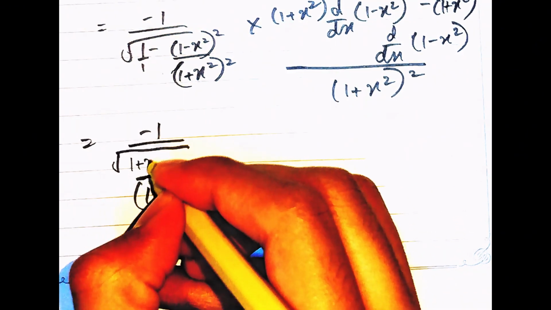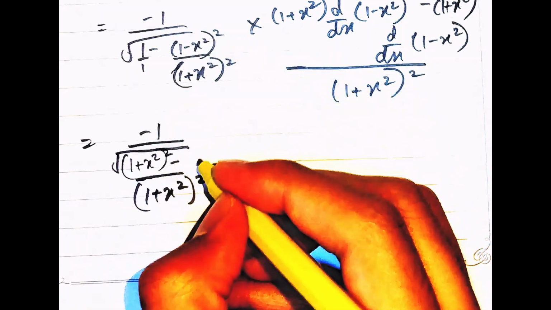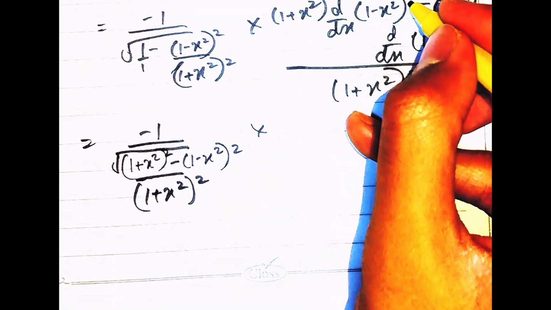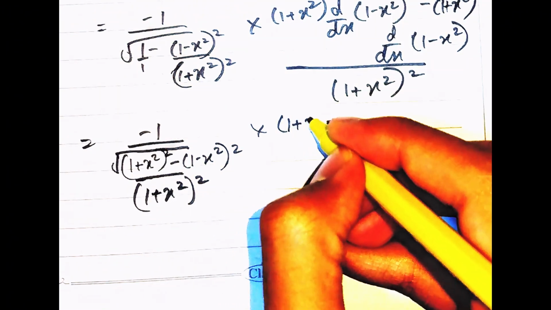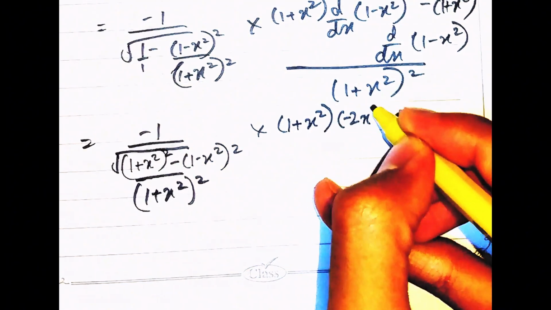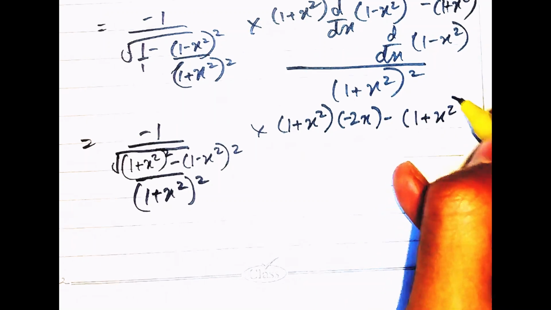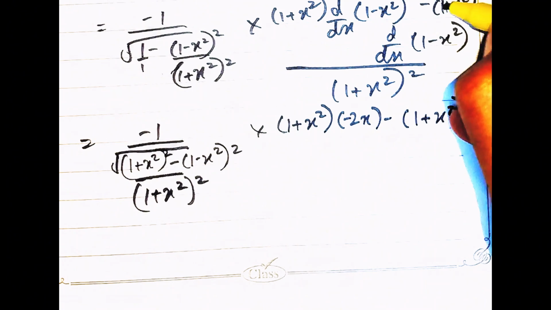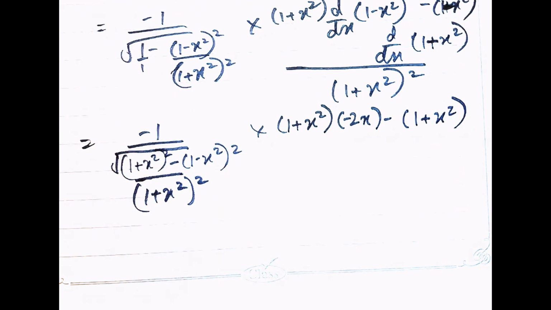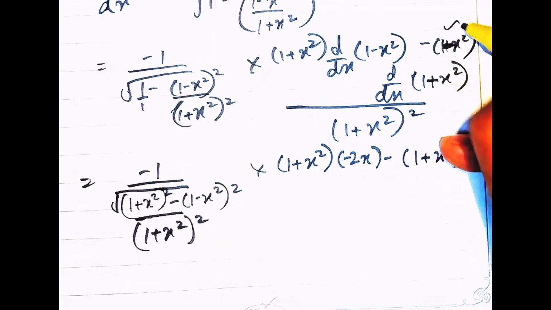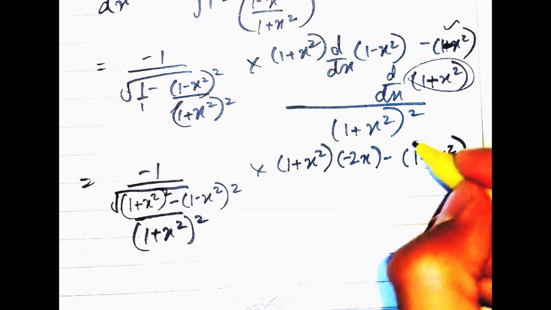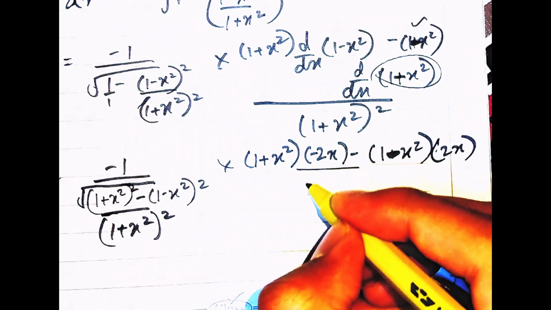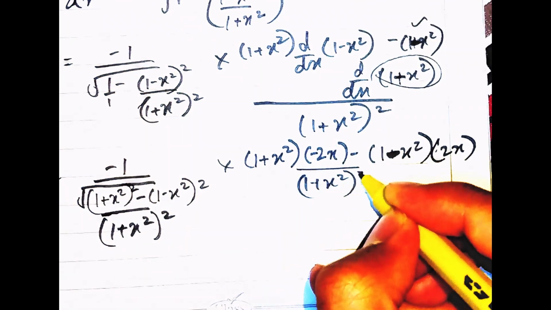So we are left with (1 plus x squared) whole squared minus, this would be as it is, so we have (1 minus x squared) whole squared multiplied by the derivative of 1 minus x squared would be negative 2x. So (1 plus x squared) and then negative 2x minus (1 plus x squared). The derivative of 1 minus x squared would again be, it was negative term right over here and then the positive sum. The first function as it is, derivative of the second function. So this is the first function and this is the second function, okay? So we have (1 minus x squared) and the derivative of 1 plus x squared would be 2x divided by the square of the second function.